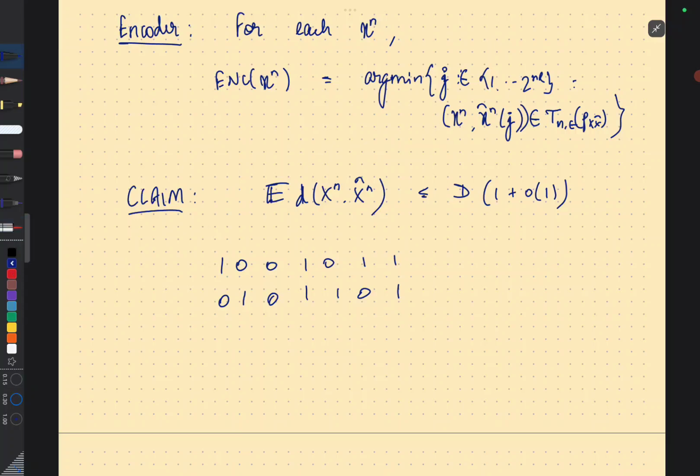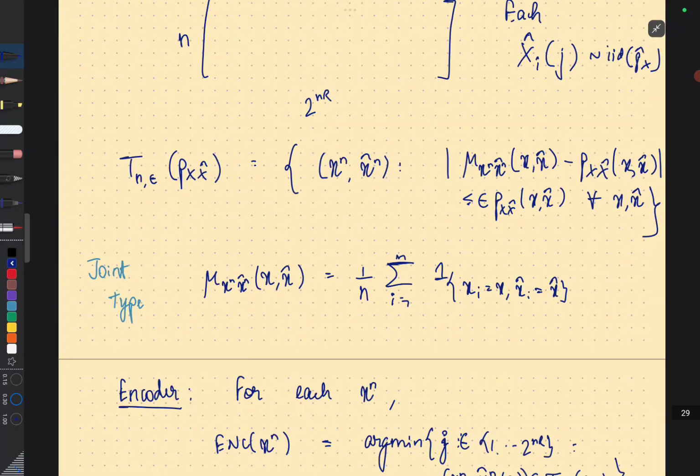So before we go ahead and analyze the actual distortion that you can achieve, let's look at this jointly typical set and analyze its properties. Now, a lot of the properties of this jointly typical set essentially come from the properties that we've already derived for typical sequences.